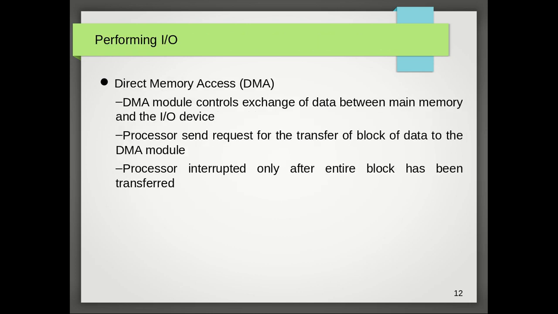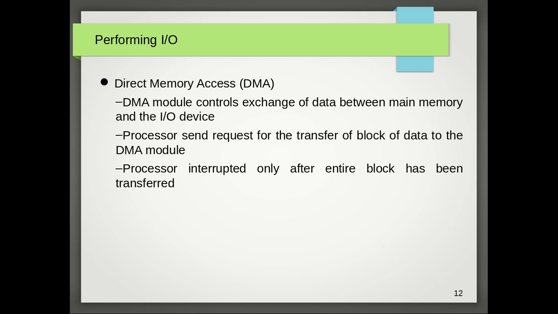And lastly, direct memory access. The DMA module controls the exchange of data between main memory and the IO device. That is the main task of DMA. Here the processor sends a request to transfer a block of data to the DMA module, and the processor is interrupted only after the entire block has been transferred.